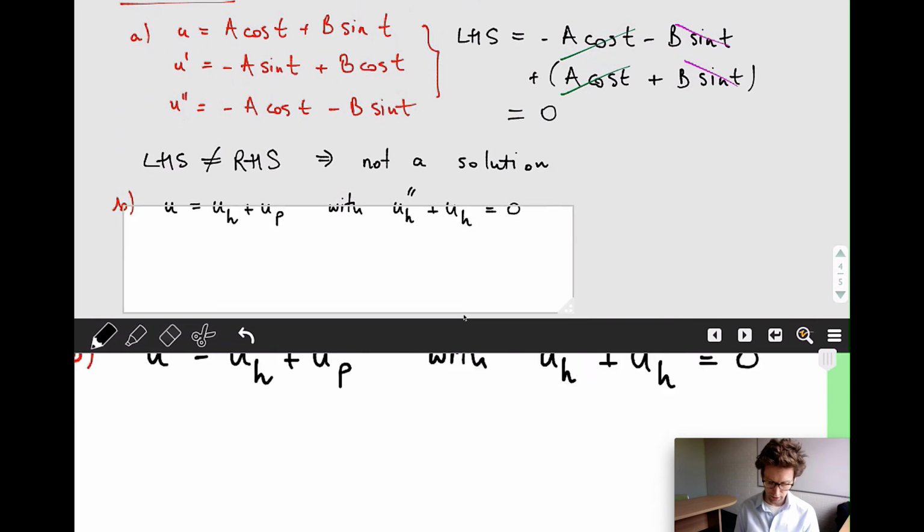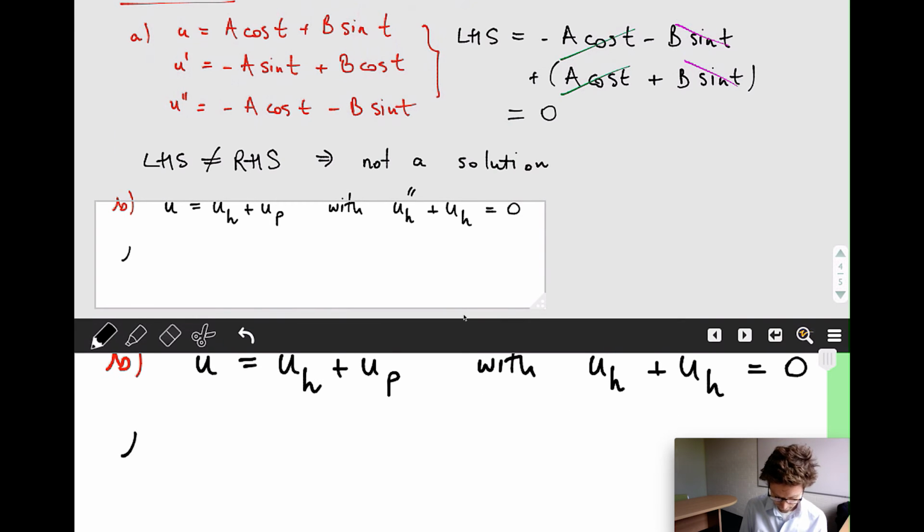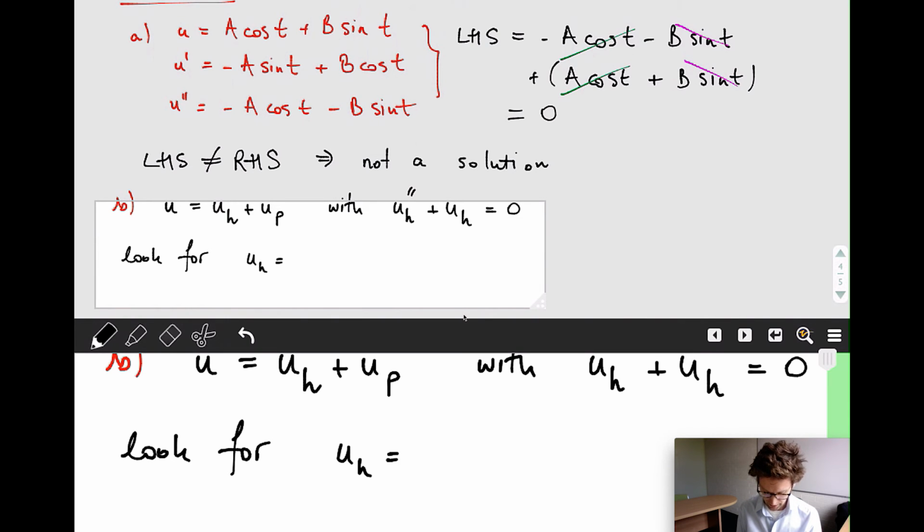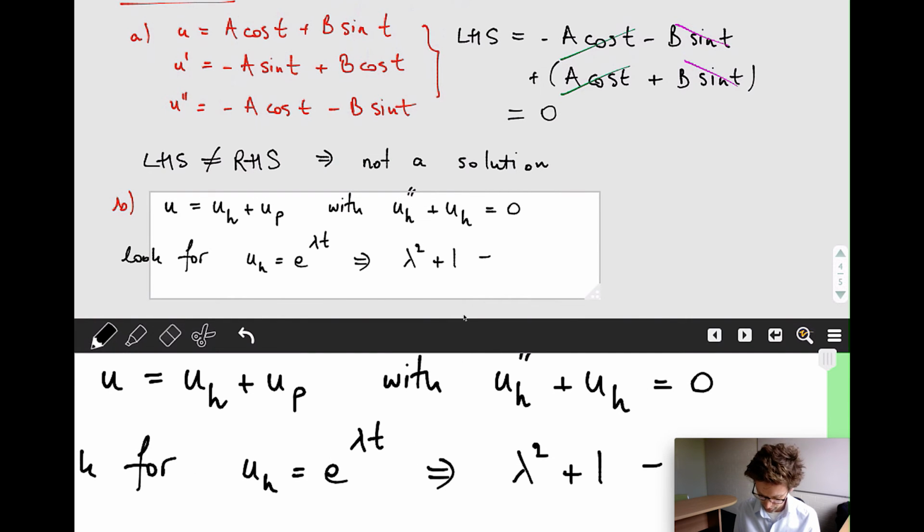We're going to look for solutions u h equal to e to the lambda t, which turns every derivative into a power of lambda and gives me the following characteristic equation: lambda squared plus 1 is equal to 0.